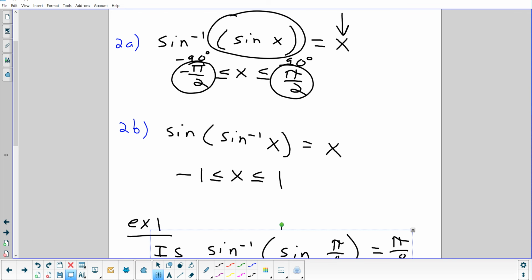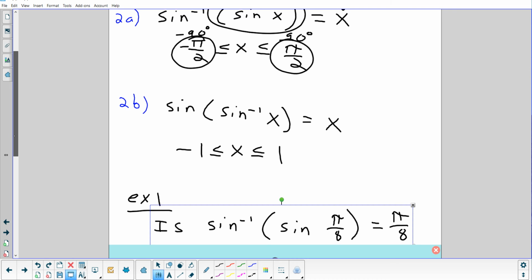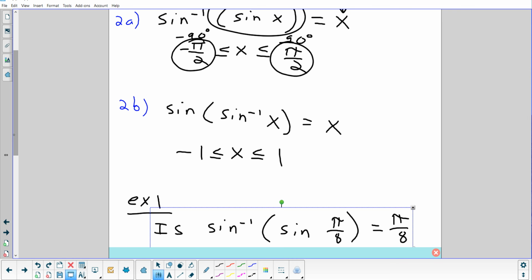So we have to figure out if pi divided by 8 is between negative pi over 2 and pi over 2. Now, when we have to figure it out with the pi, a lot of people have trouble because of the fraction. So, first of all, what kind of number is pi over 8? Is it a positive number or a negative number? It's a positive number.